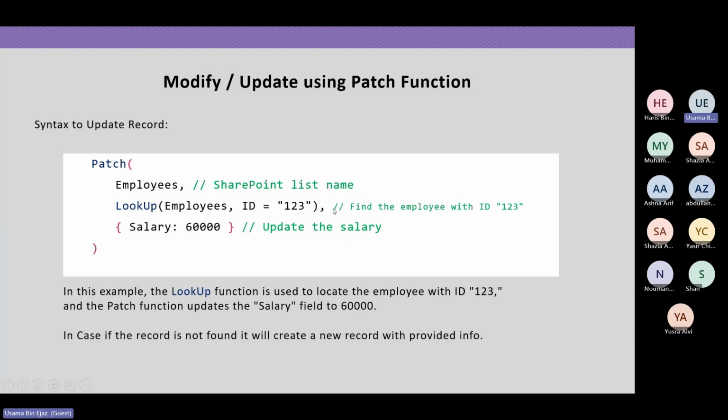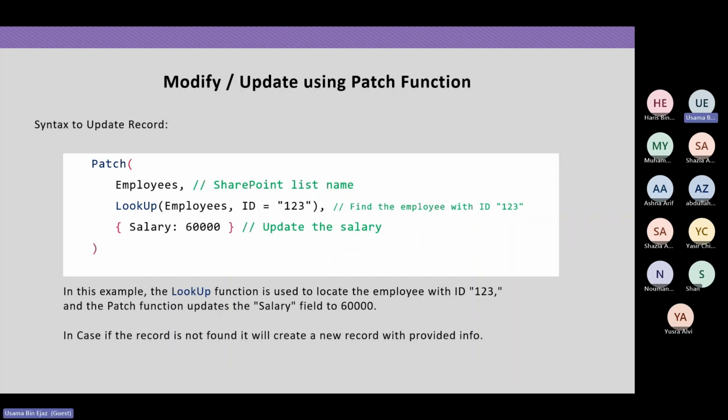It will pick the record whose ID is 123 and update its salary to 60,000. There are several other ways to specify the second parameter which we'll see later, inshallah. But it's just an example that you need to specify the data source, then the record in that data source which you want to update, and then the fields and their values.